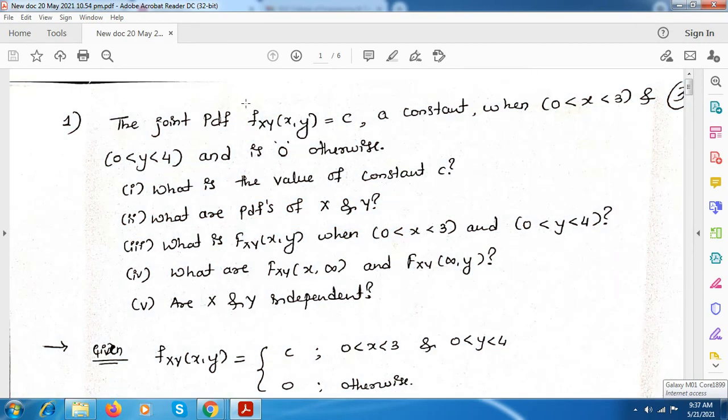Okay. So in this question, first this is the PDF given, which is equal to some constant c, and the range of x is from 0 to 3, and y is 0 to 4, and it is 0 otherwise.